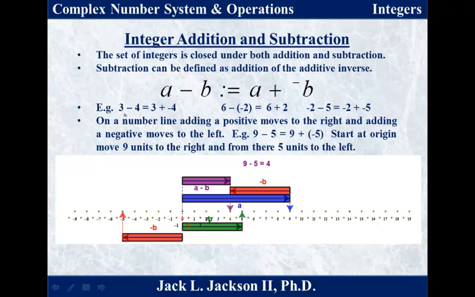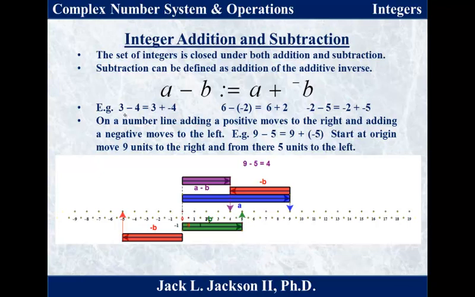So 3 minus 4 is defined to be 3 plus a negative 4. 6 minus a negative 2 is defined to be 6 plus the opposite of negative 2, which is 6 plus positive 2. Negative 2 minus 5 is defined to be negative 2 plus negative 5. So now you're going to think of subtraction really as being addition, but addition of the additive inverse, the opposite.